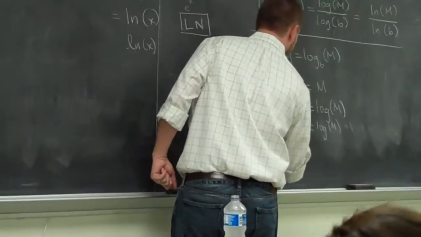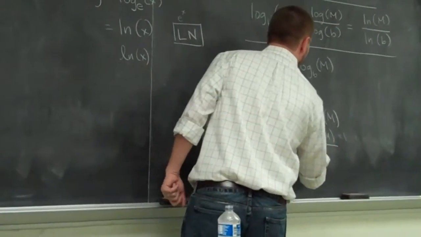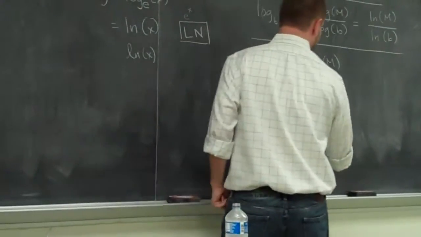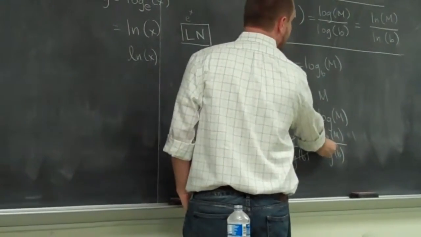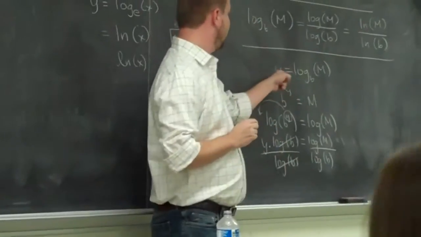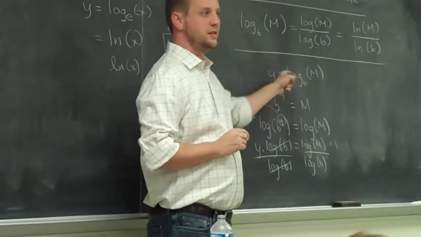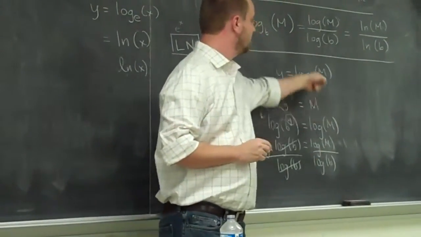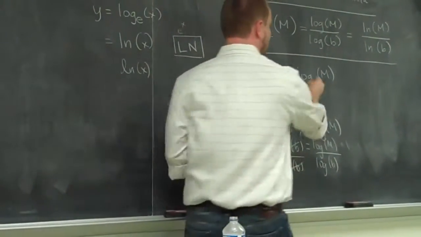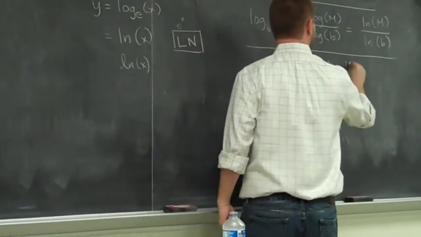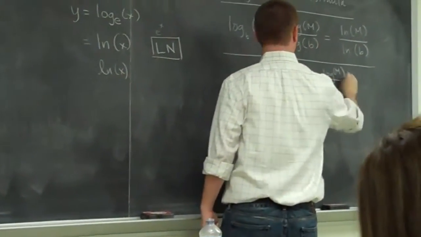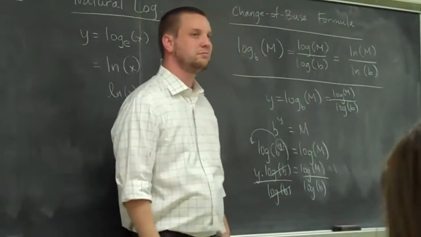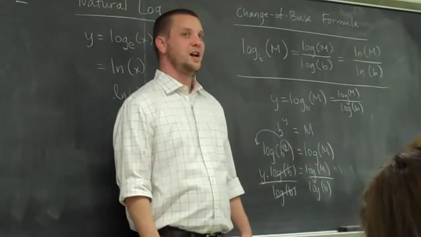So we divide both sides by the log of b. And I get that y equals this, right? But didn't y equal this in the beginning? Isn't this y the same as this y? And if y equals this and y equals this, then by the transitive property of everything, these guys have to equal each other. Neato, right?